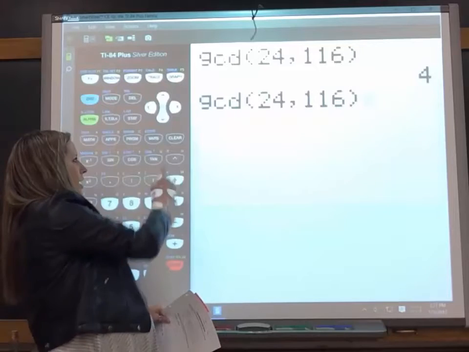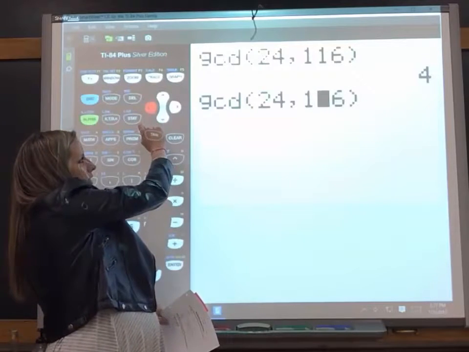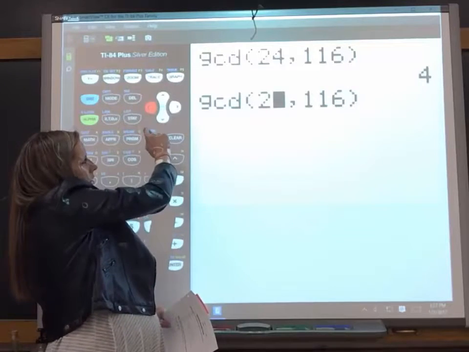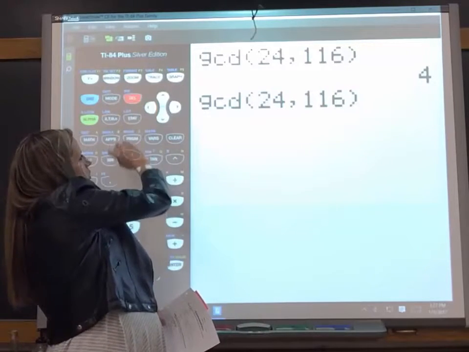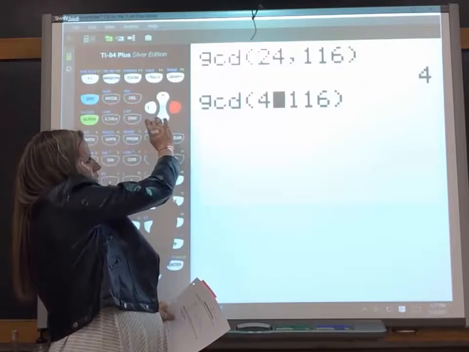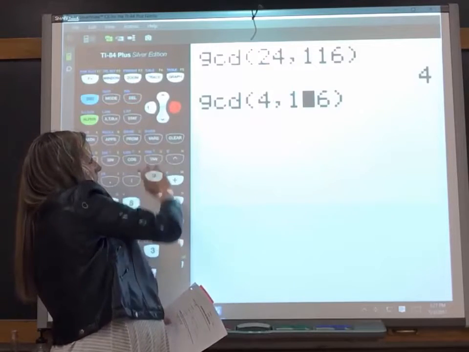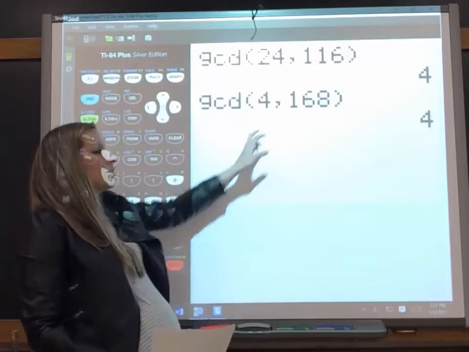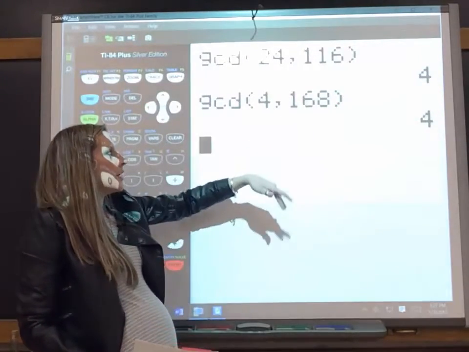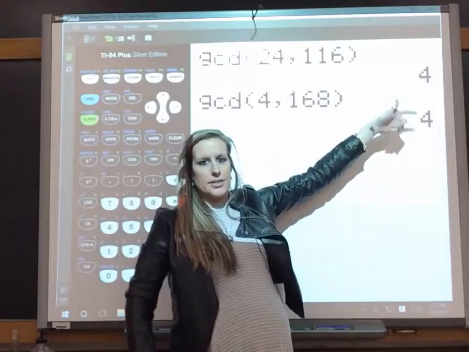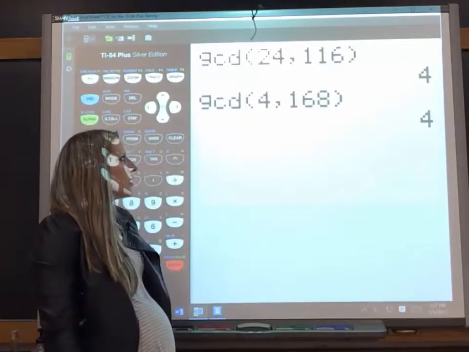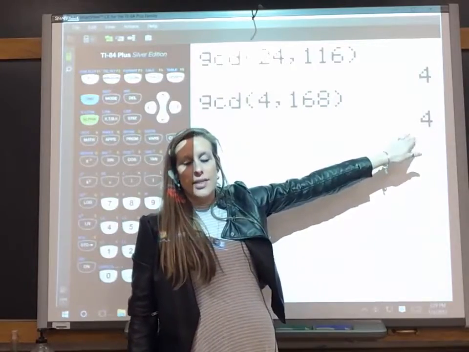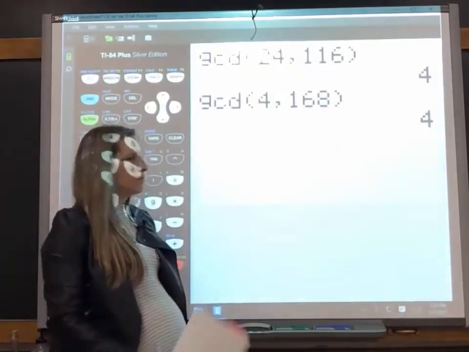Don't worry about the negative. It's actually going to mess it up if you do that. So we're going to put in 4 and 168, and 4 goes into both. It's not always going to work out that way where it's 4 for both, but you want to take that last answer that you get. That's the number that'll go into all three.